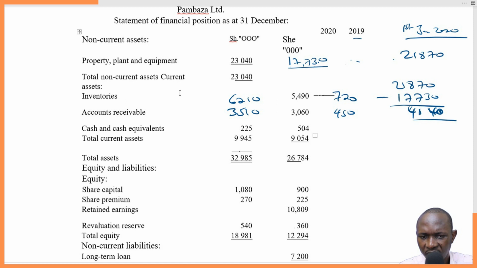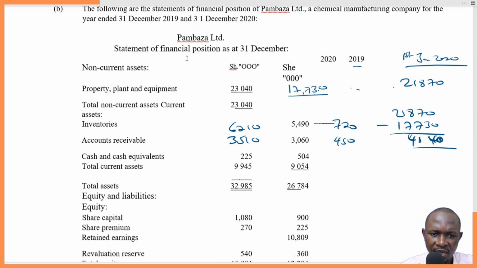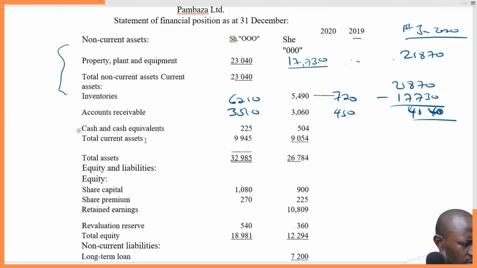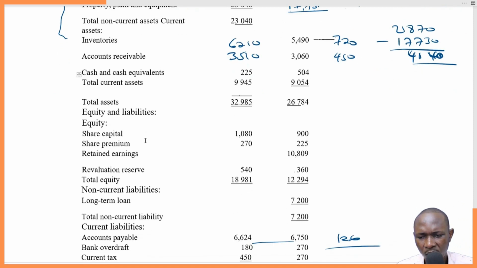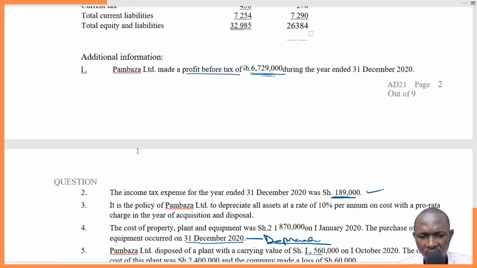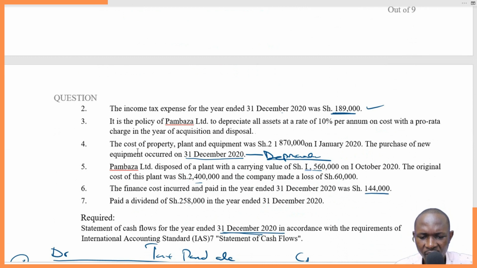So the investment activities will look at, let's come back to the non-current assets. That's where we are likely to get the investment activities. So property, plant and equipment will have everything to do with that, if we acquired or if we sold. Then inventories, those are different things. So under that we only have the property, plant and equipment. We have to open an account for that, but let's look at if we have any other investment item.